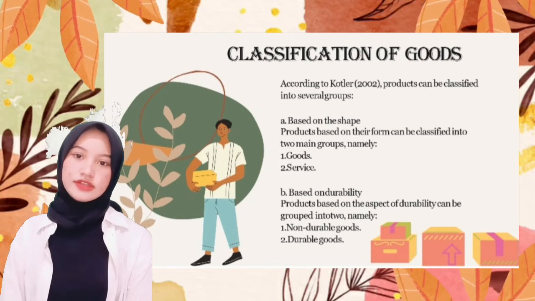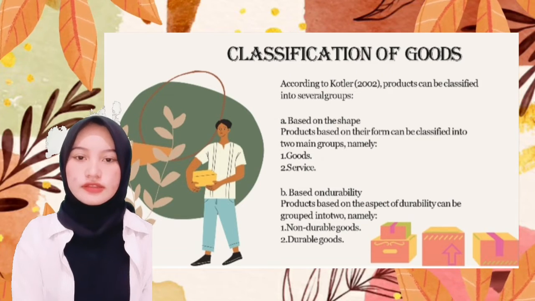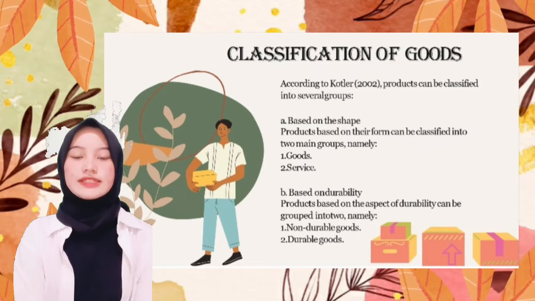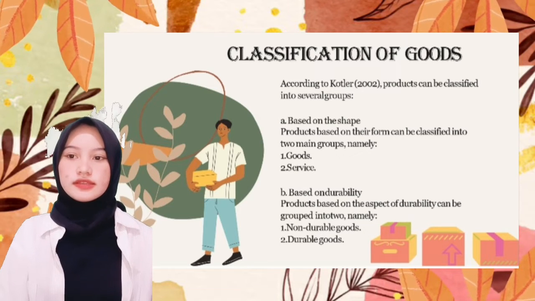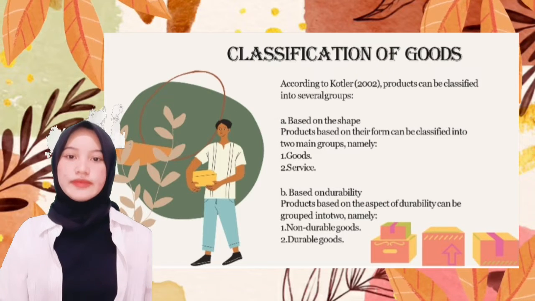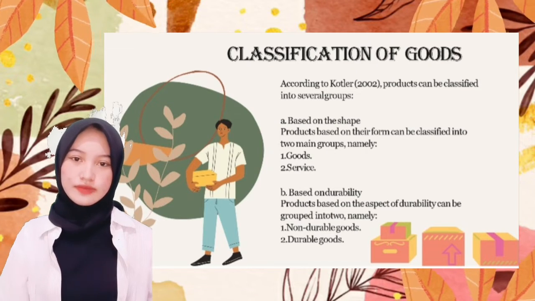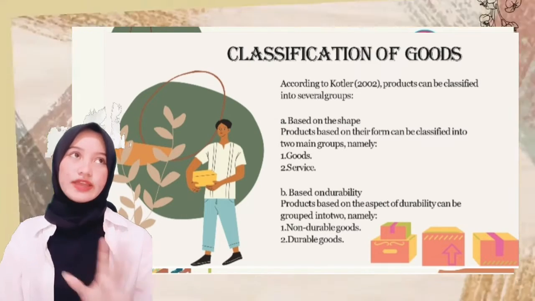The classification of goods. According to Kotler 2002, products can be classified into several groups. A is based on the shape. Products based on their form can be classified into two main groups, namely goods and services.